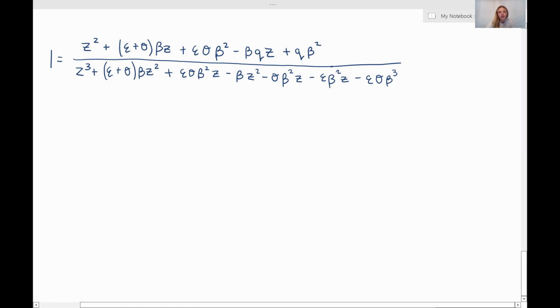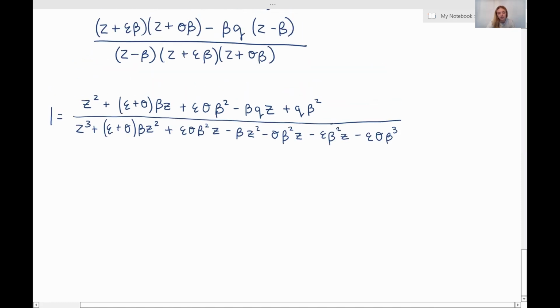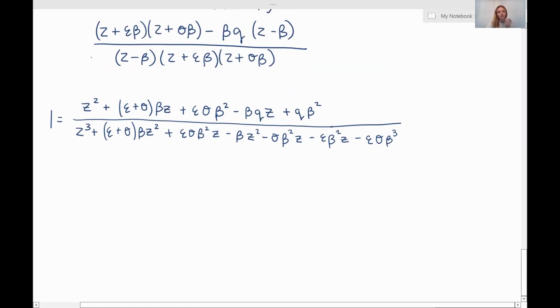So I just went ahead and factored out this equation up here to make it into a more simplified version, easier for us to make this cubic polynomial. So the next step that we're going to want to do is multiply out the denominator to the other side of the equation and get all of our terms on one side, set it equal to 0.